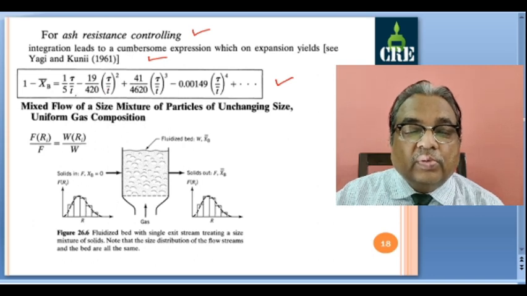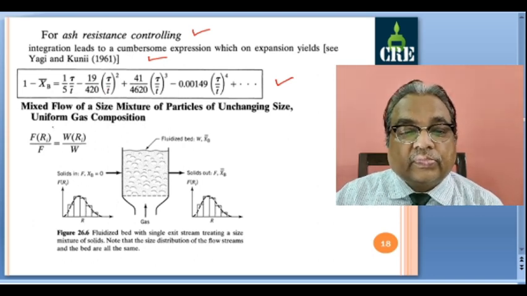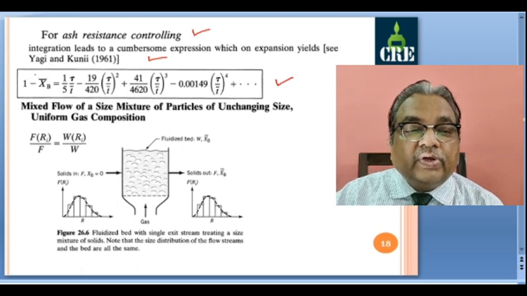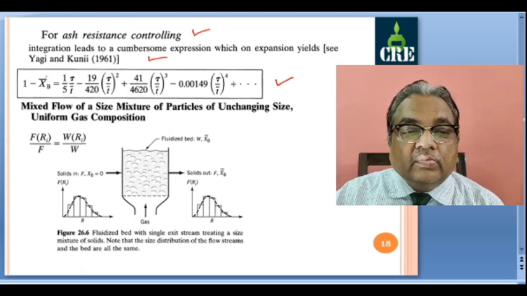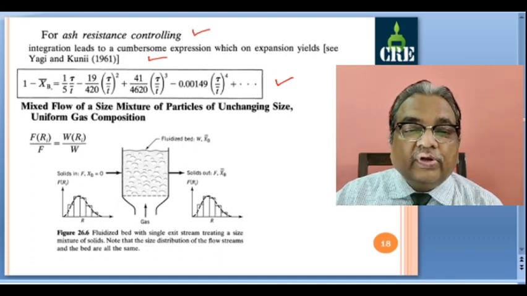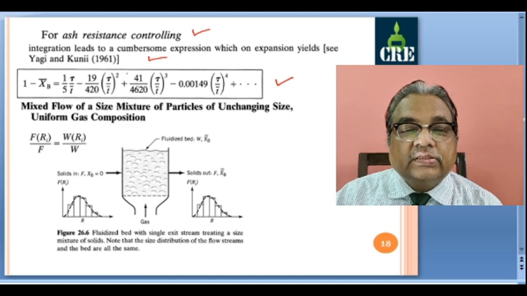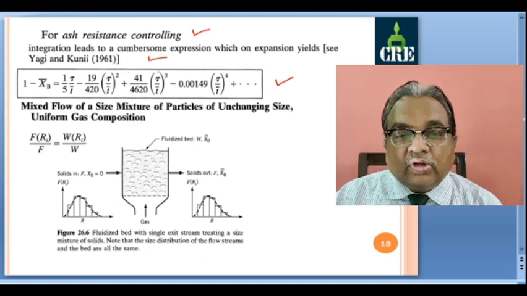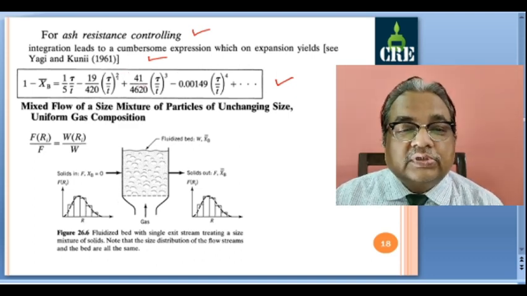You have to remember these coefficients so that you can calculate 1 minus xb bar, the mean unconverted. So mean conversion, 1 minus xb bar is the mean of unconverted. So this is for single unchanging size mixed flow of particles, all three resistances we have seen.